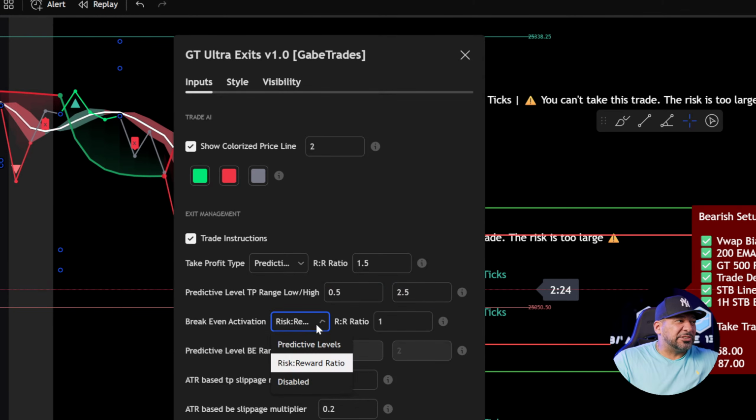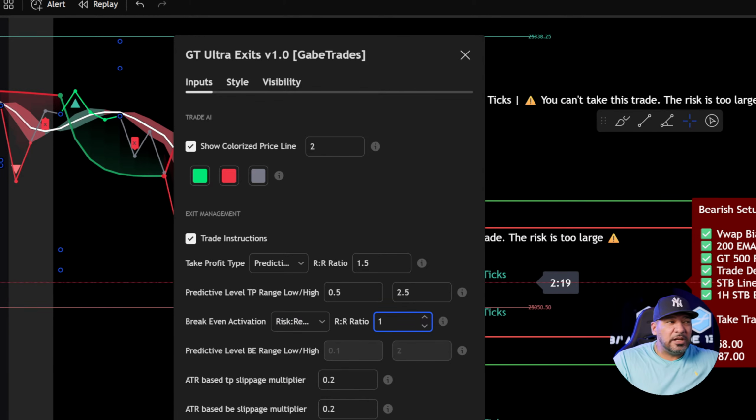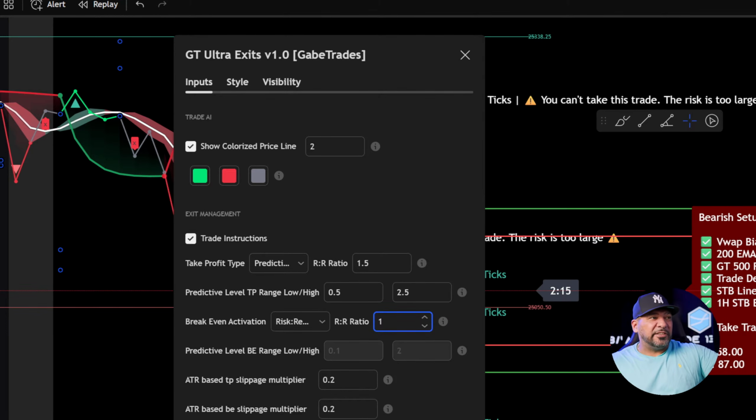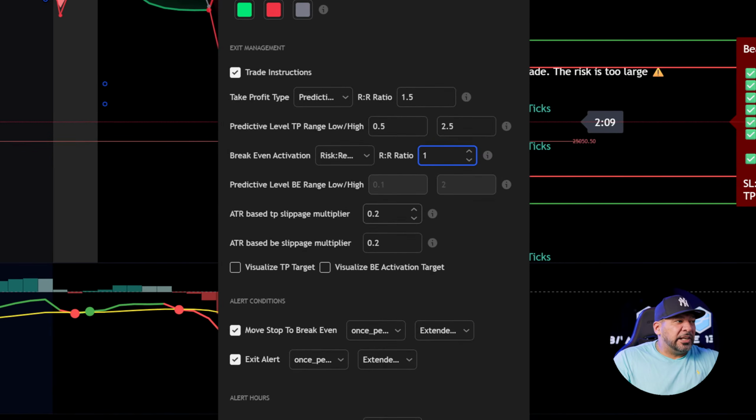My break-even action is going to be a risk to reward ratio of 1-to-1. So basically, when price action has broken a 1-to-1, it's going to alert me to break even. I basically remove all risk from the trade, and it's going to alert me. Then ATR slippage is 0.2.